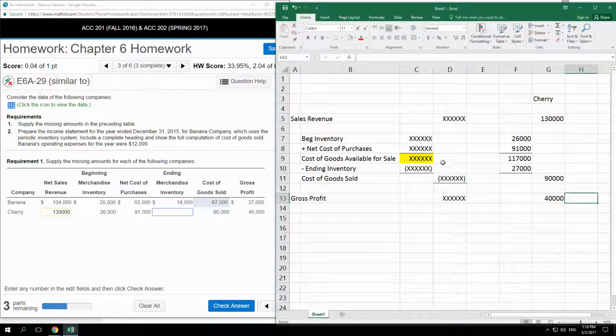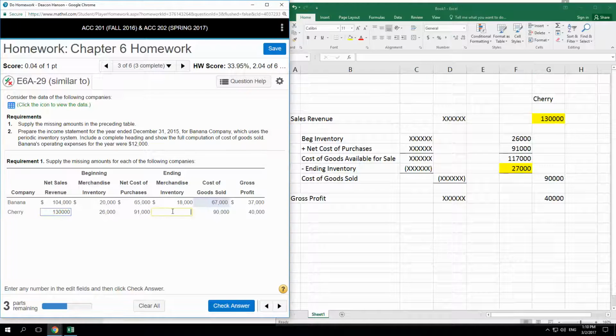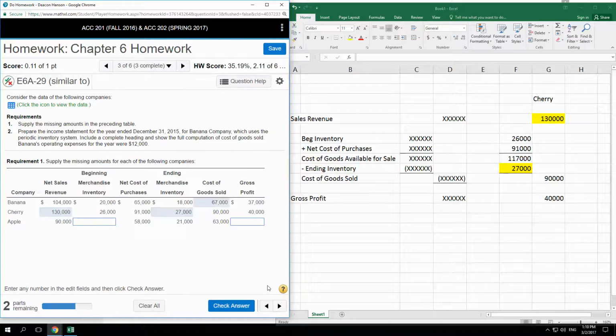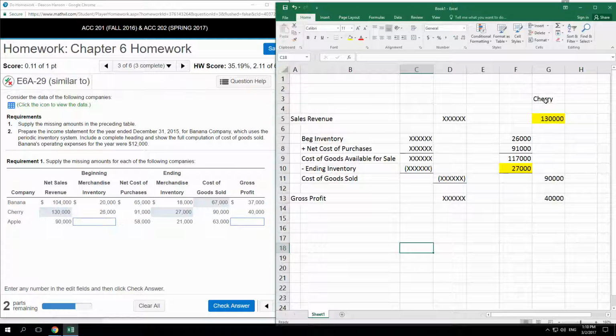So I think we've figured our two missing pieces, which is sales revenue and ending inventory. So we could plug that in. I already put in the sales revenue, so 27,000 ending inventory. Nice work again. Okay, so that was Cherry.